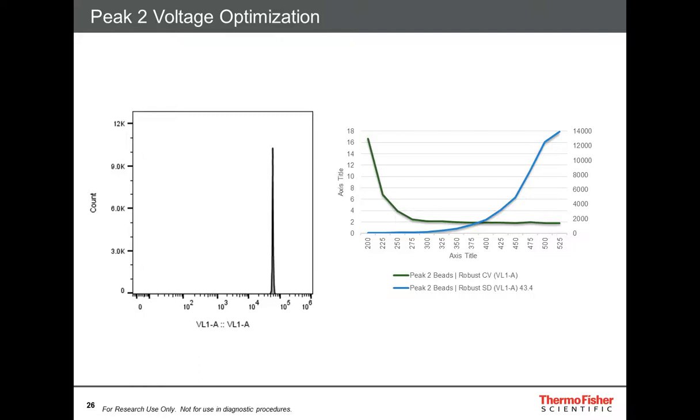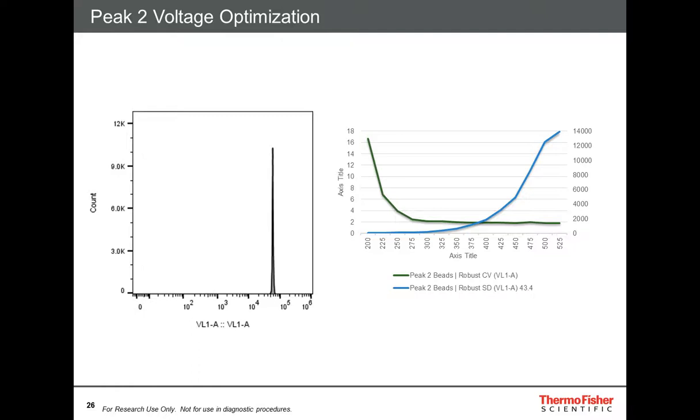I used the robust CV and the robust standard deviation, and I looked at those graphed simply in Excel, and I looked at the range. I didn't look at the inflection point. That's also an interesting point, but I looked basically at the robust CV, where that leveled off, and I looked at where the robust standard deviation started to rise.